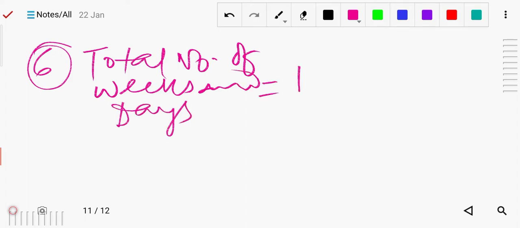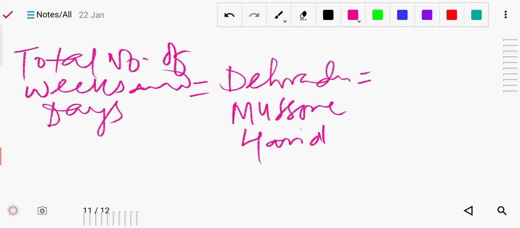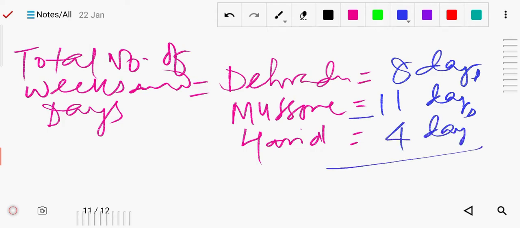First write Dehradun, then next is Mysore, next is Haridwar. Here they stayed 8 days, here 11 days, and here 4 days. And you have to add it all.